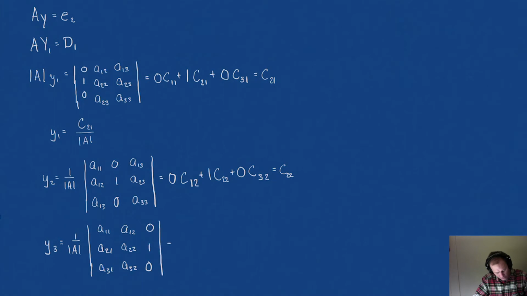Well, let's just use that third column for our coefficients on the cofactor formula. So I'm going to have 0 times the C13 cofactor plus 1 times the C23 cofactor plus 0 times the, oops, hang on.